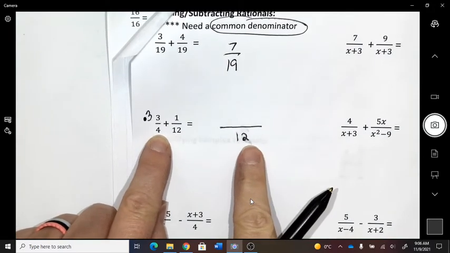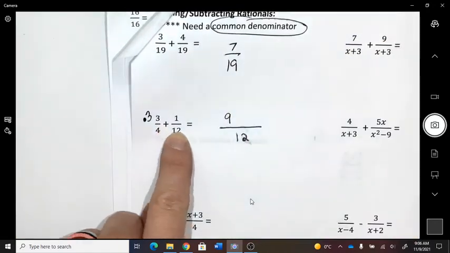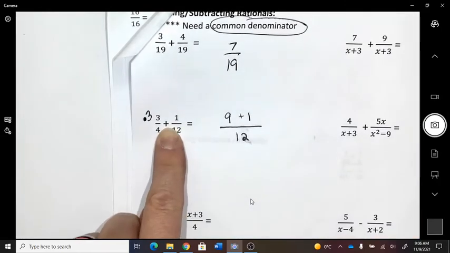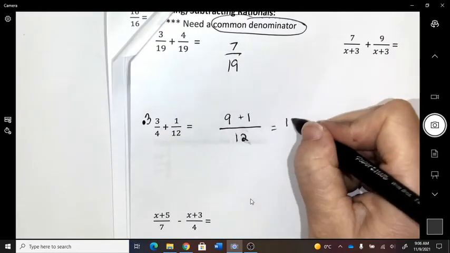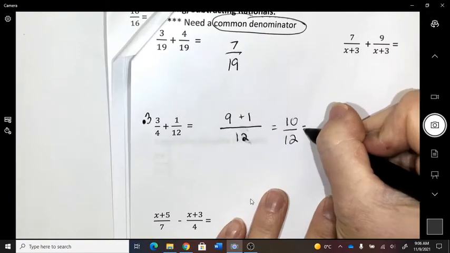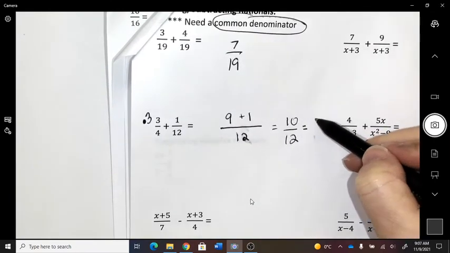That's how I changed the 4 to a 12, so I changed the top, so 9. This was a 12, so I don't do anything to it, so then I don't do anything to the 1. And I get 10 over 12. Okay, and you might be able to reduce that, right? So I could divide this by 2 and this by 2.